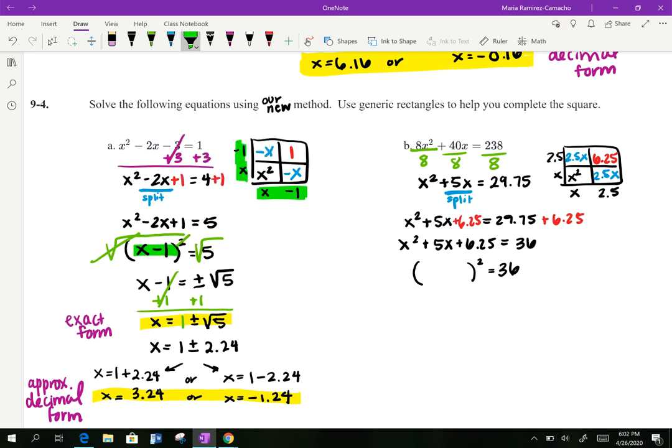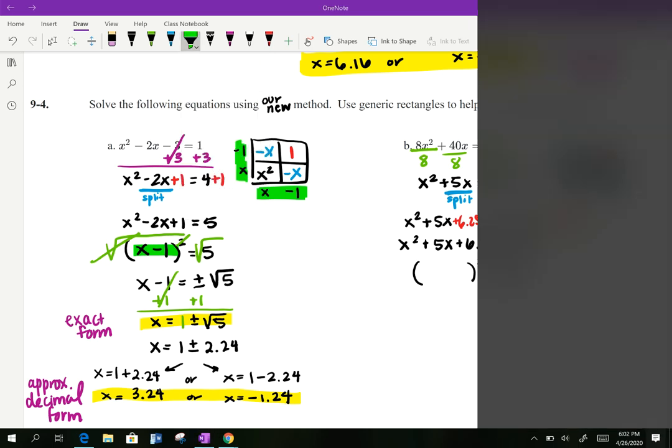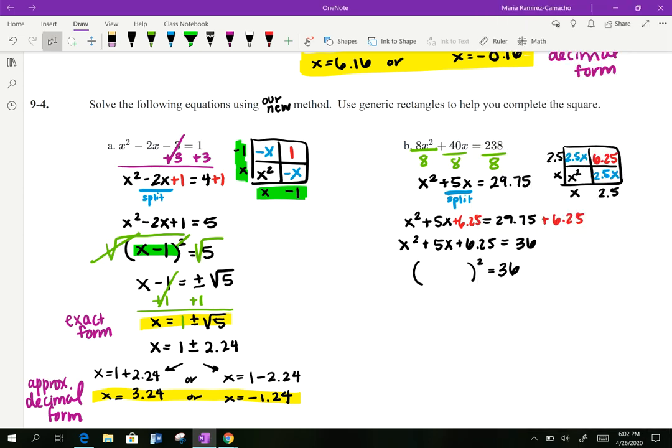Okay, notice that for my square I have x plus 2.5 times x plus 2.5. So this is going to be x plus 2.5 squared. Now I can start solving, take the square root of both sides. These cancel.